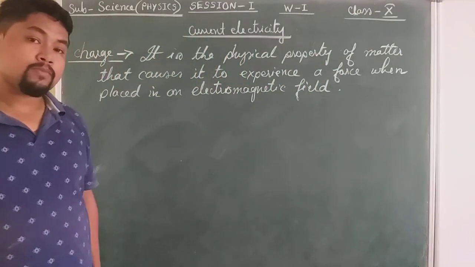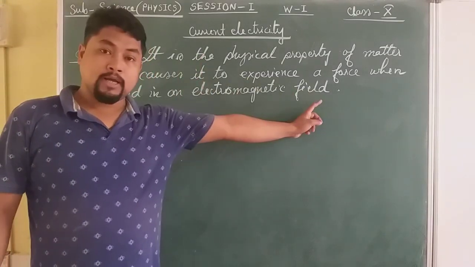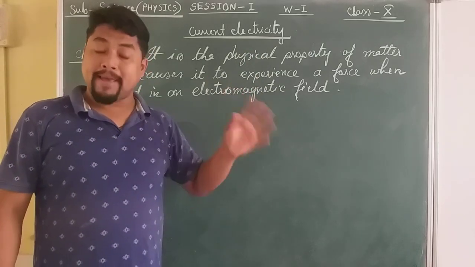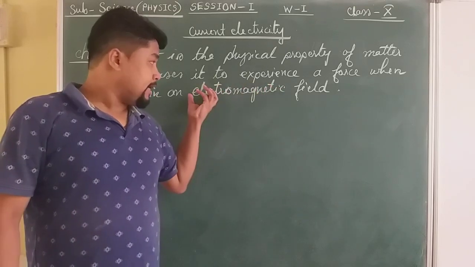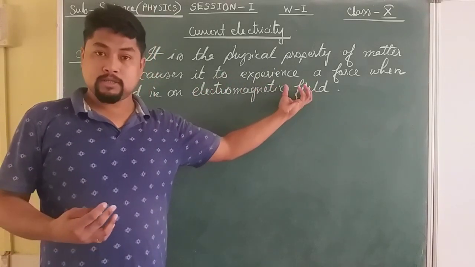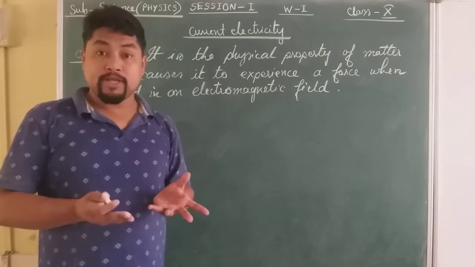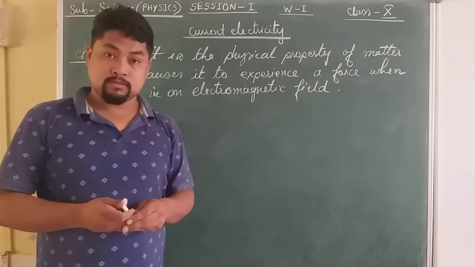Electromagnetic field. Two types of fields are there. One is electric field around a charge, and one is magnetic field around a magnet. So what is electric field? Electric field is the space around a charge in which it would experience a force on the other charge.